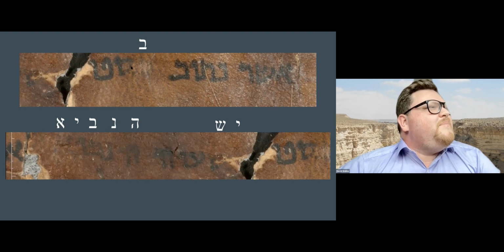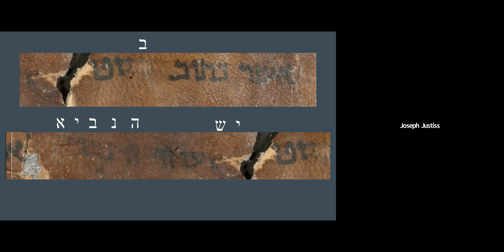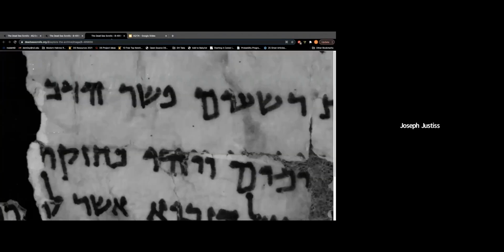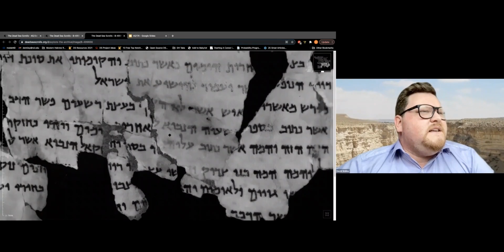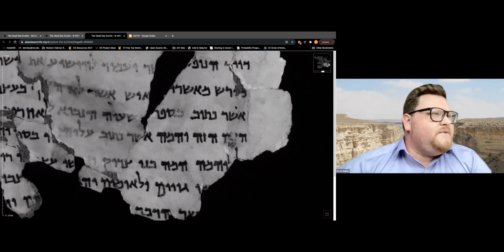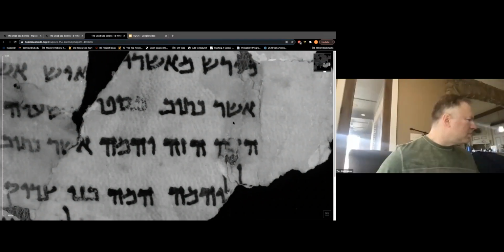Okay. And this little blurred out piece right here is probably bait. So we have bait. We want to guess what this letter is. Is it tet? I don't know if it's tet. Let's see if the infrared helps us at all. So we started the line here, and if we look at the infrared, you could see Asher was a good guess.